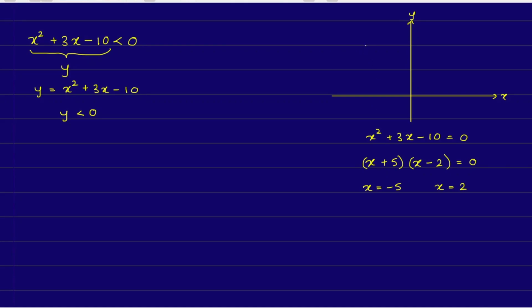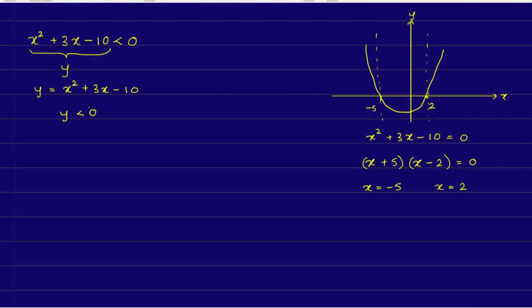So the curve is going to look something like this, with this value over here being minus 5 and the value of x at this point being equal to 2. So just like before, I'm just going to draw a dotted line like that and another dotted line here, dividing the entire space into 3 regions.